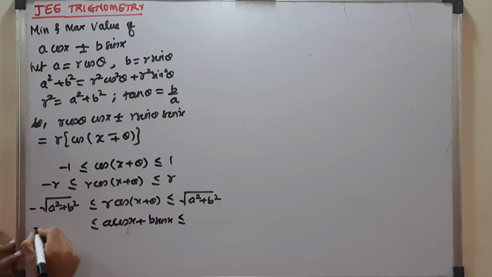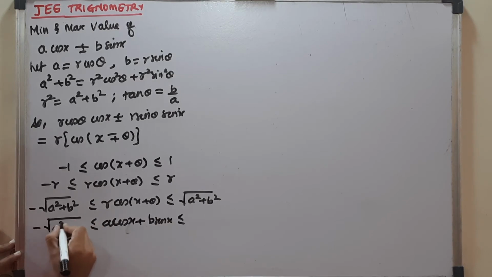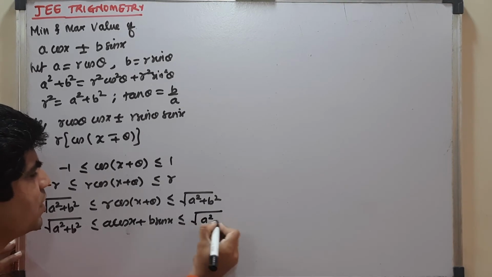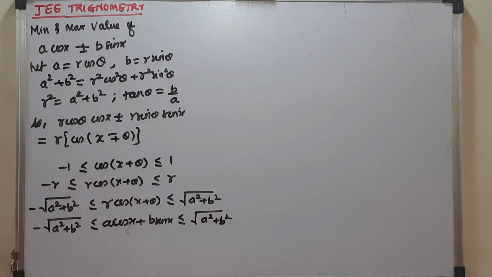We will always take the value between the minimum value, minus under root a square plus b square, and the maximum value, under root a square plus b square.